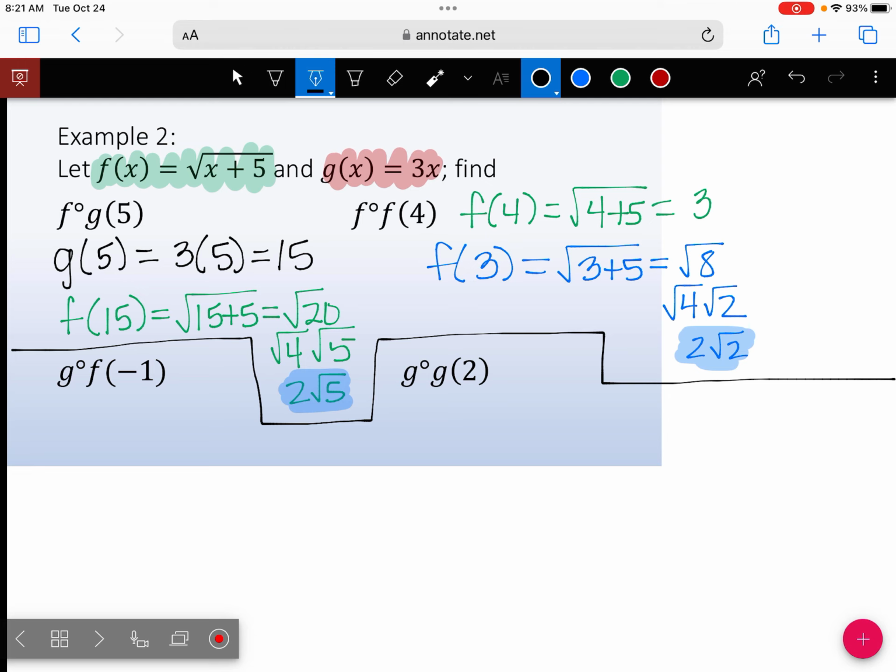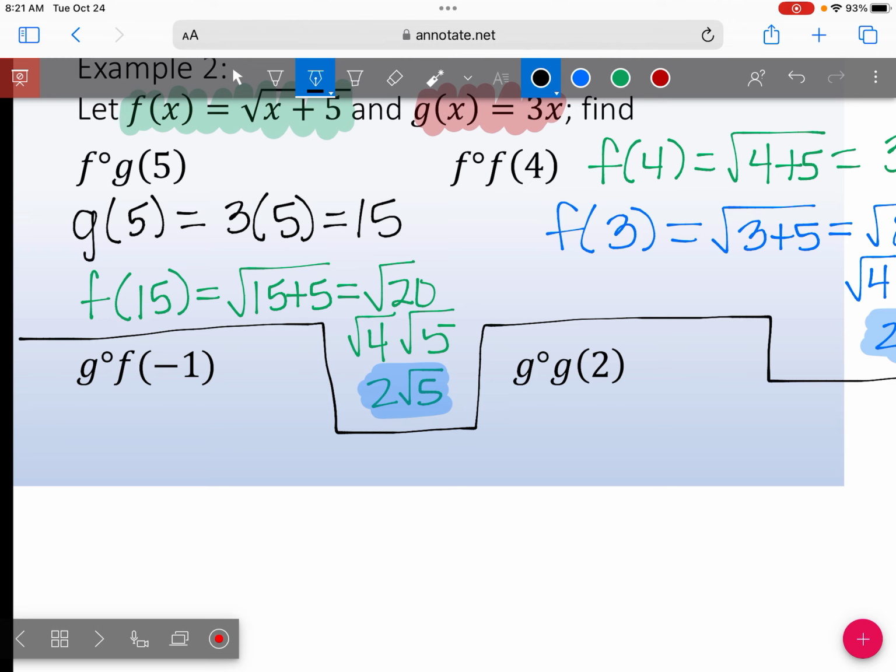All right, let's go ahead and do the bottom 2. So we're going to start by finding f of -1. So everybody figure out what is f of -1.